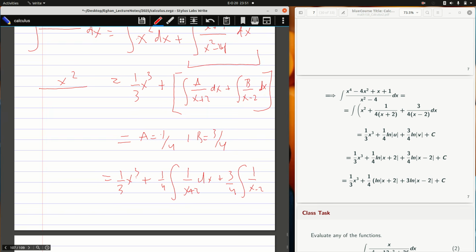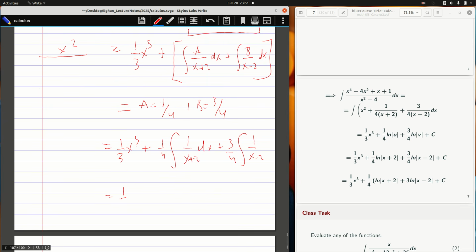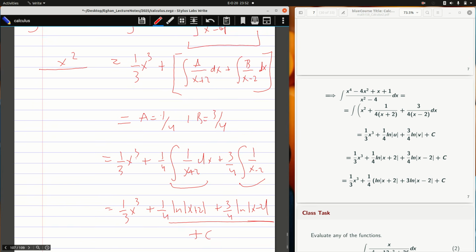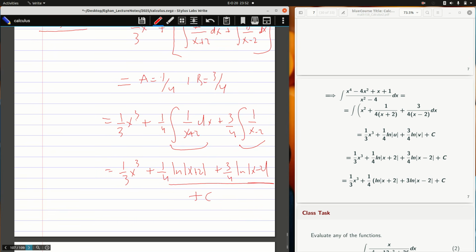Automatically, this becomes 1 over 4 ln of x plus 2, and this becomes 3 over 4 ln of x minus 2, by substitution. You can leave your answer this way, or you can factorize the ln terms out; either way you are good to go in this form.